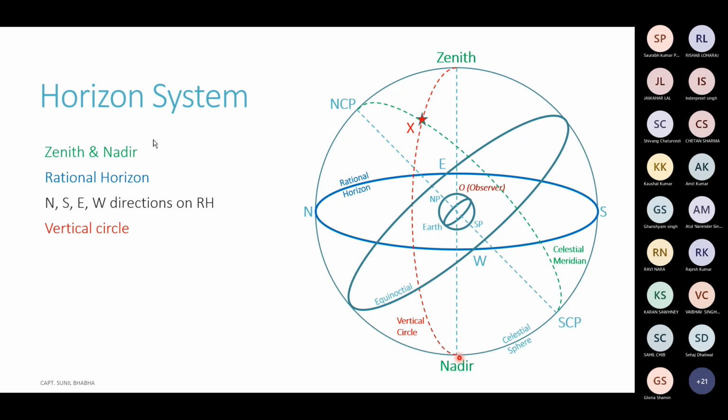I'm repeating once again, vertical circles are semi-great circles passing through the zenith and the nadir of the observer. And for our reference, we are interested in the vertical circle which is passing through the celestial body which we are using for observation or sight taking.